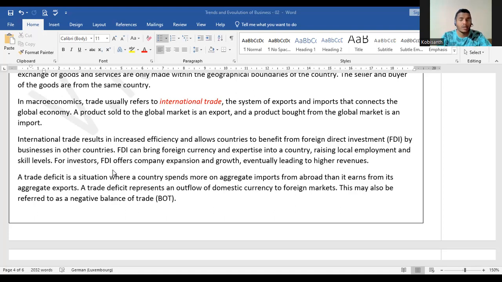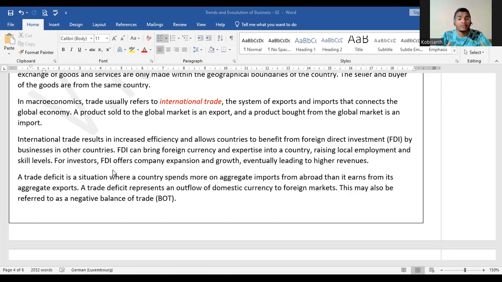All right. So you understand what FDI is. Please make sure you get used to these kinds of terms: exports, imports, international trade, foreign direct investment. These are the areas, when you speak about trade, which are more spoken about or which can be more tested.